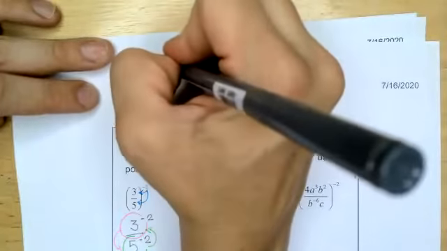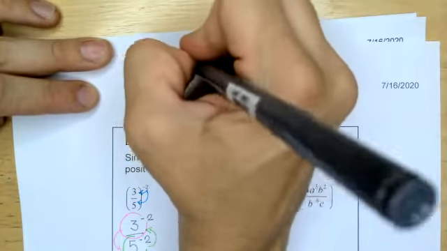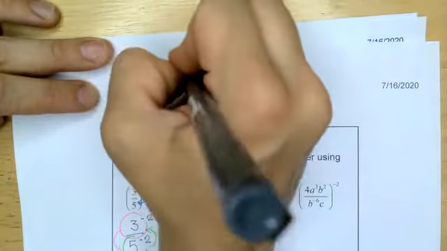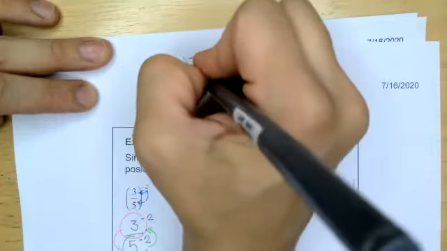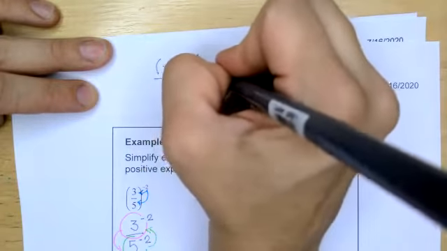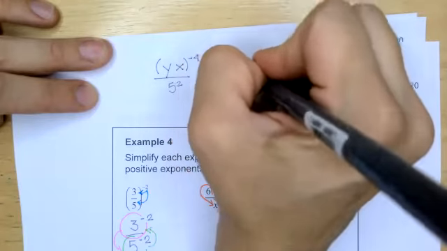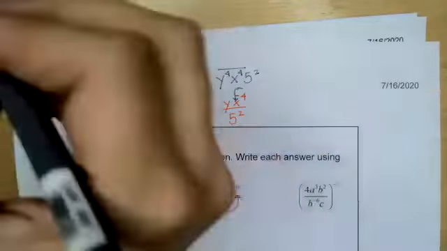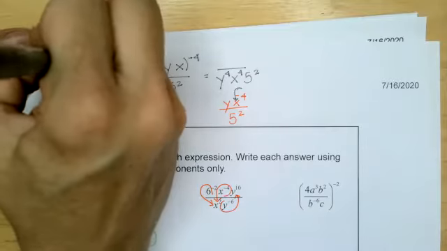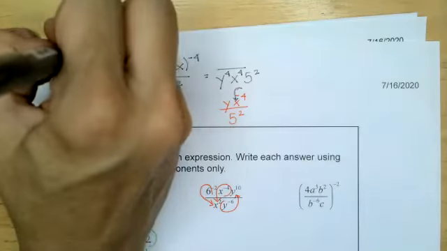So y times x to the -4 over 5 squared becomes y times x to the 4th over 5 squared. This is just a random example, just in case.